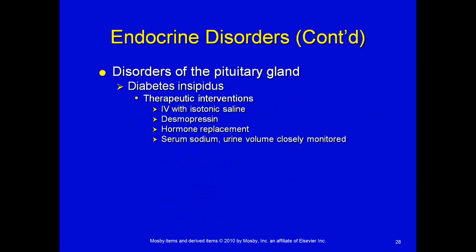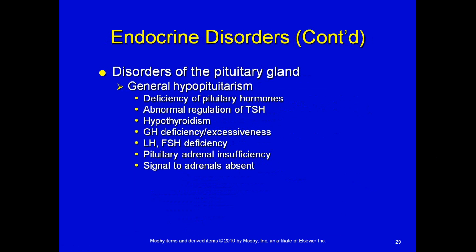So in these particular patients who suffer from diabetes insipidus, the treatment might include replacing that vasopressin antidiuretic hormone with desmopressin. Monitoring serum sodium and urine volume, urine output is important in these patients as well.